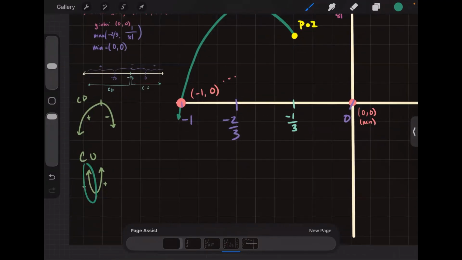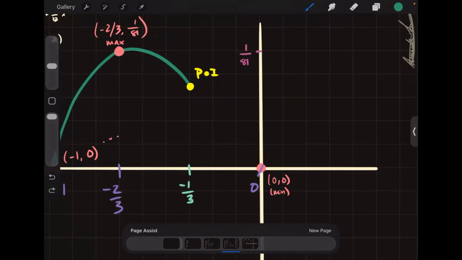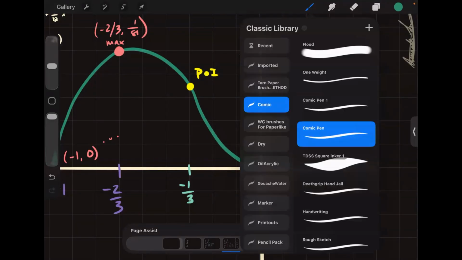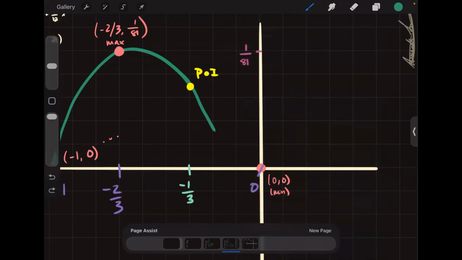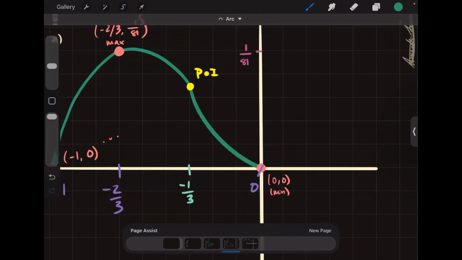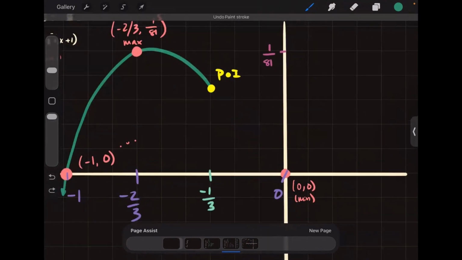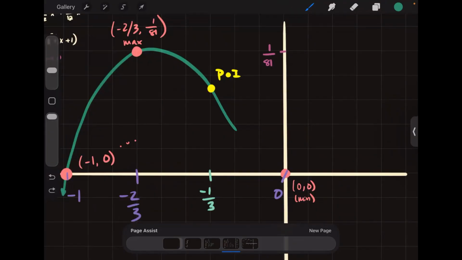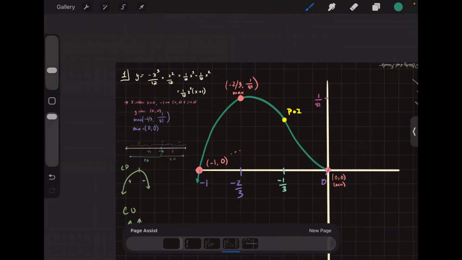Concave up, decreasing looks like this. So then we're going to taper out a little bit, kind of like that. If you really want to smoothen it out, you can kind of go like that. There we go. Not quite as smooth as I like, but it's fine. And you definitely do want to hit that.